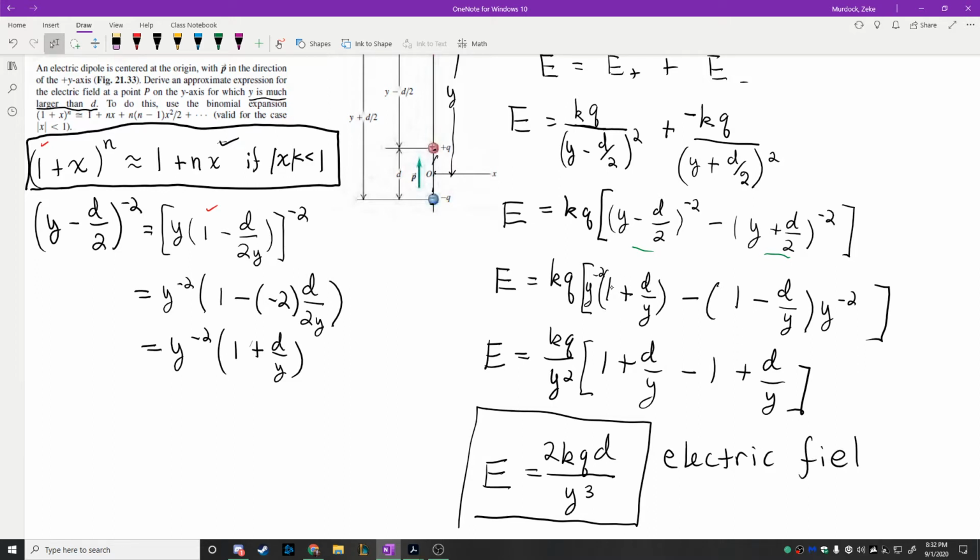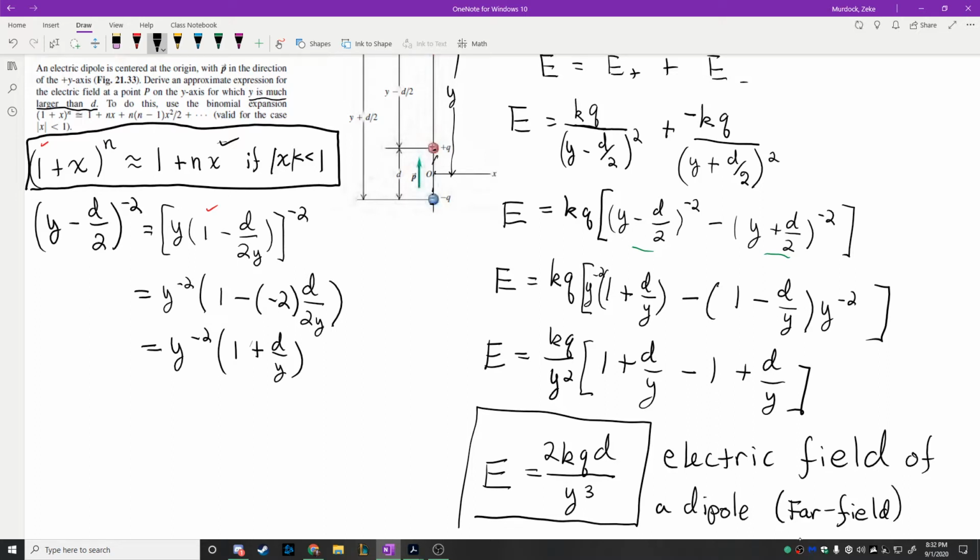This gives us the electric field of a dipole, specifically on axis, and this is often referred to as the far field approximation because you're really far away from it.